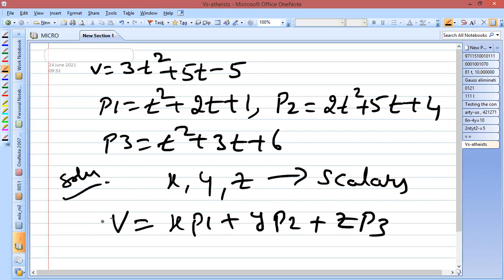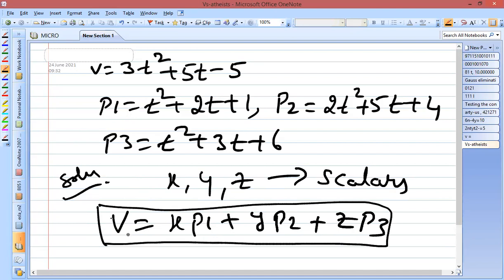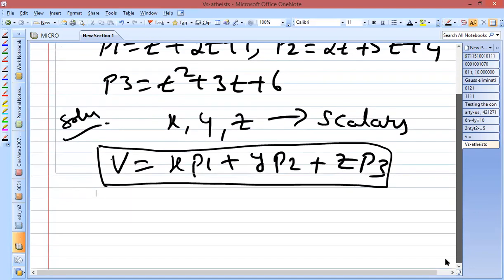In this format, the final answer should be there. So for this, once again we need x, y, z values, using the equations of p1, p2, p3. Here you can take the vector form also, but I'll go with another method.